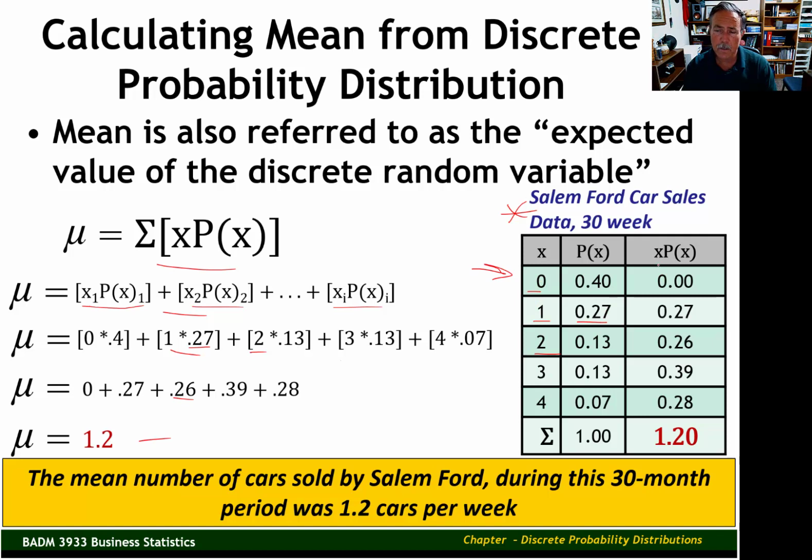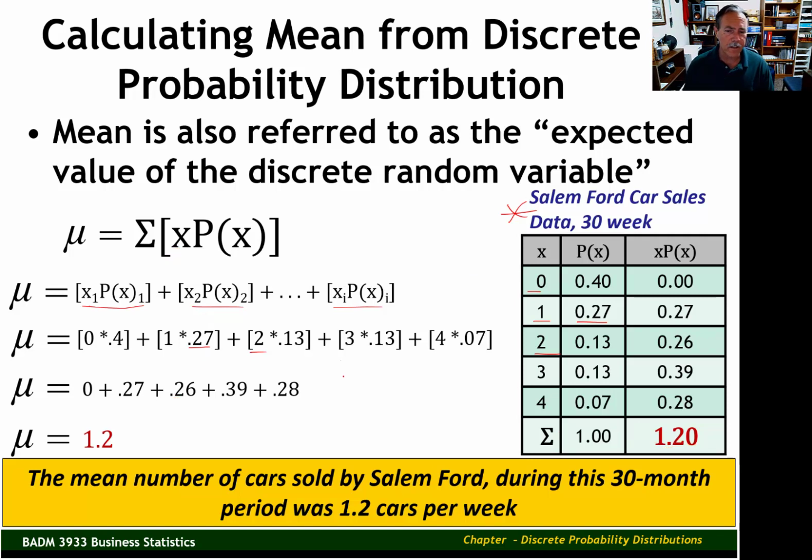Then it shows each x value multiplied by the probability that that x value is going to occur. That's what we have in this third column. And that's what we're adding up to get the mean. So if we have x multiplied by the probability of x for each of these values in our summary table, all we need to do is add all those up, and there's our mean.